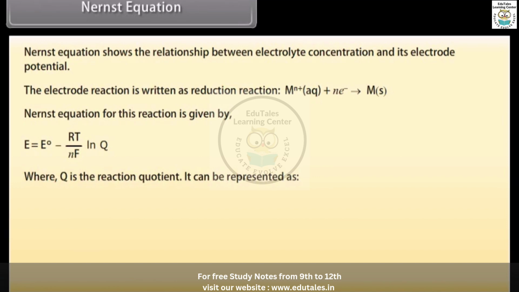It can be represented by M upon M ion. Put the value of Q in the above equation.